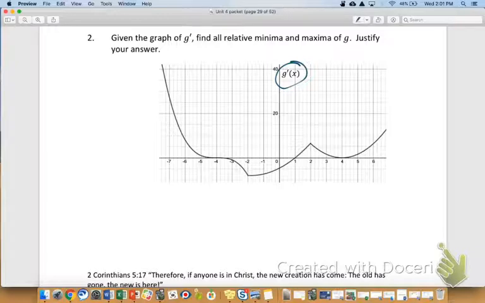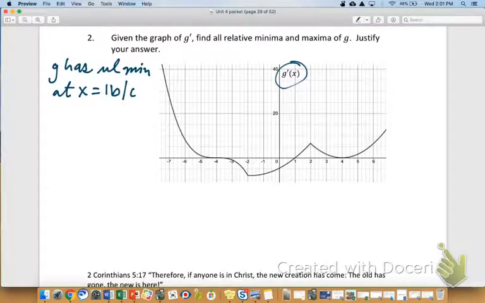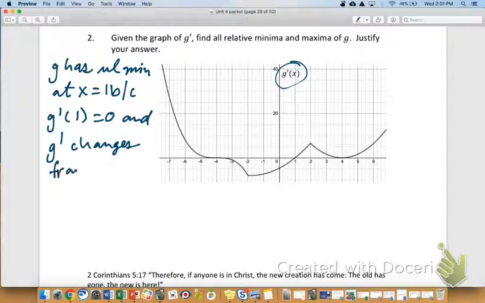Would you guys be okay if we said that G has a relative minimum at x equals 1? Does that make more sense? Because G prime of 1 equals 0, and G prime changes from what to what? Negative to positive.